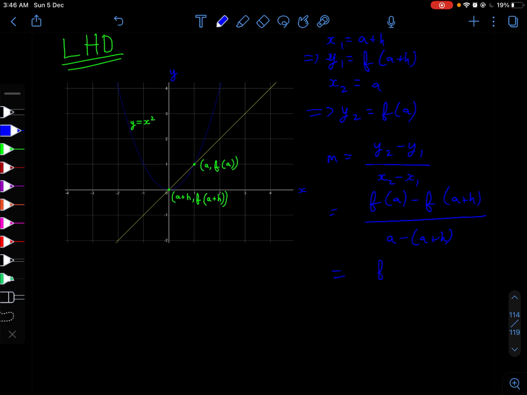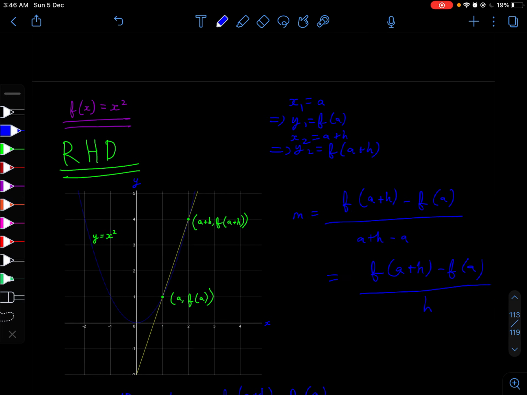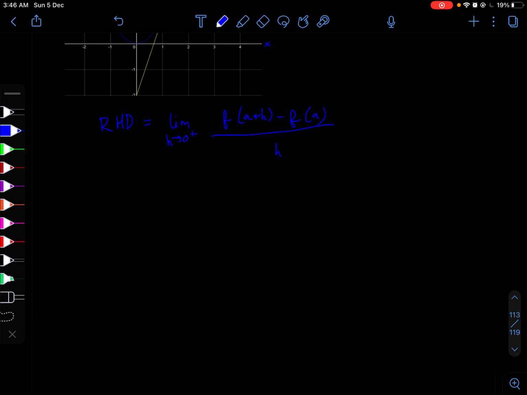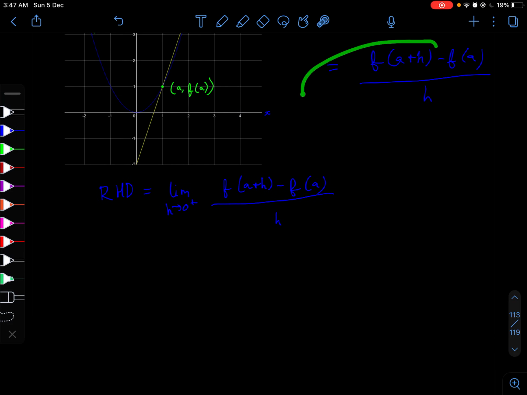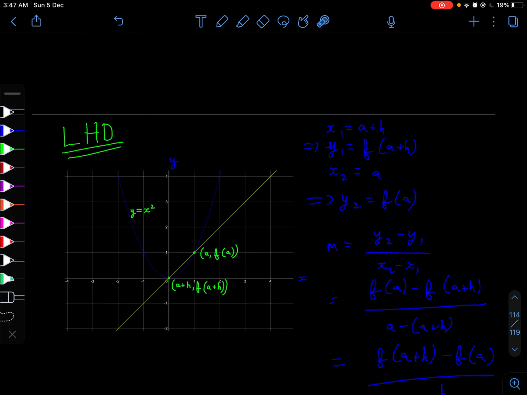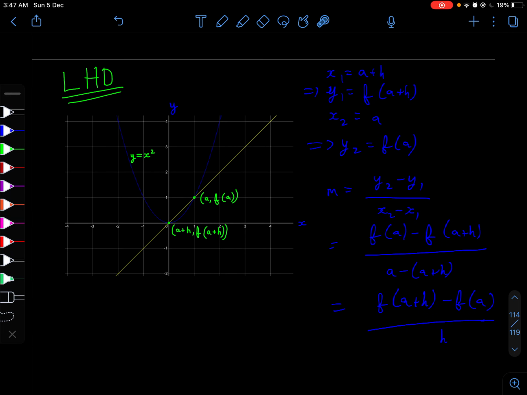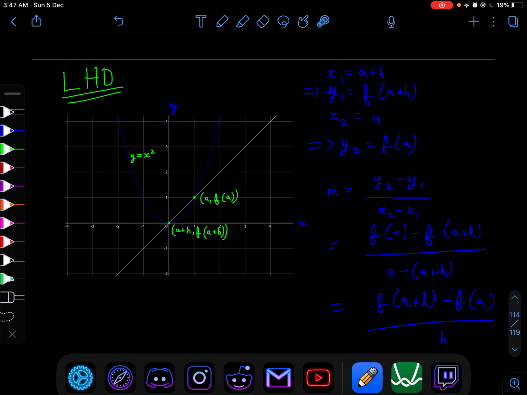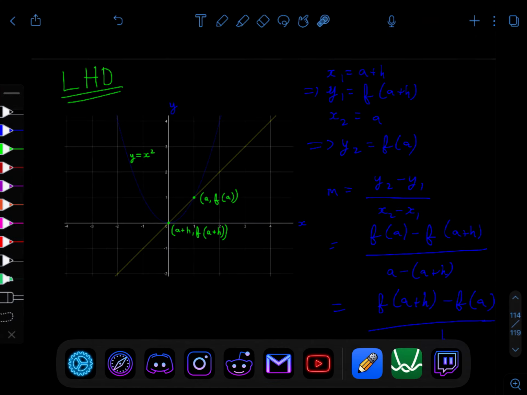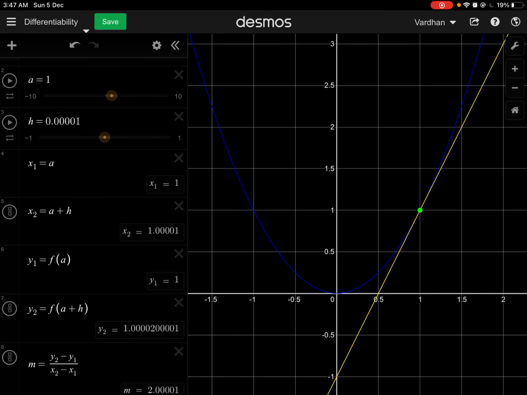On simplification, we would get f of a plus h minus f of a, whole thing divided by h, which is the same thing as what we got before over here. Now the only difference is that we're taking the limit from the other side, from the left.